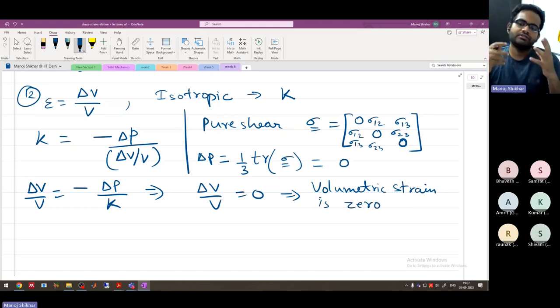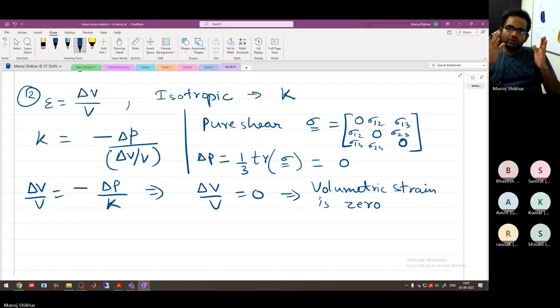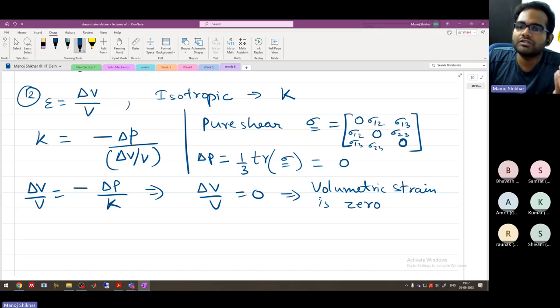And actually, this should come anyways. For example, if you remember when we were reading the stress tensor, we had split the stress tensor into two parts. One was the deviatoric part, and the other one was the part in which only normal components of stress were there. The first part, where the normal components of stress were present, was changing the volume of the body.